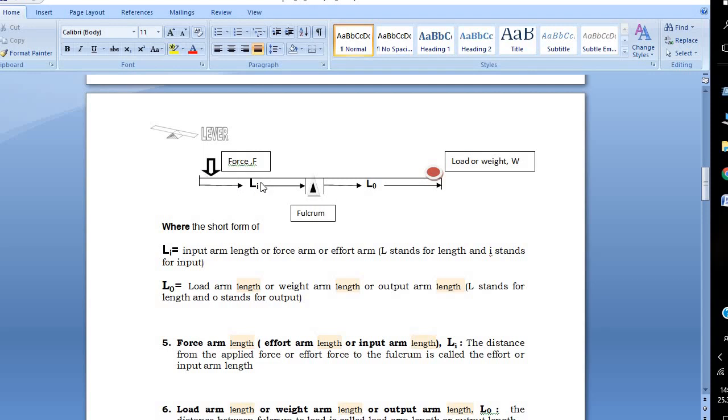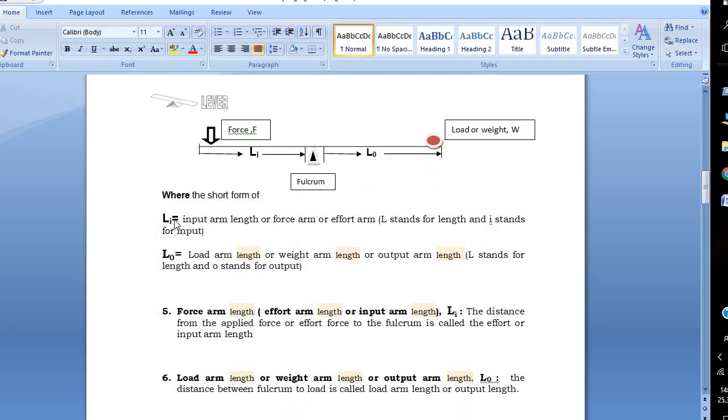You can also say the force arm. You can write the short form LI: L for length, I for input. So, input arm length or force arm length.